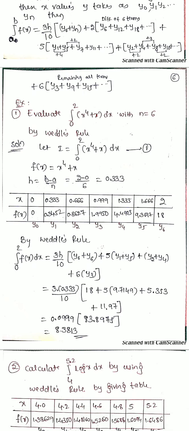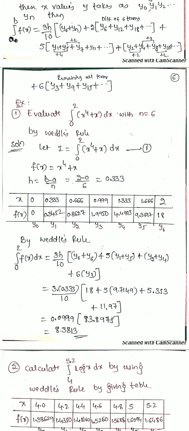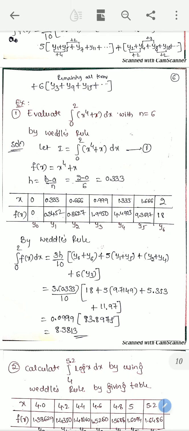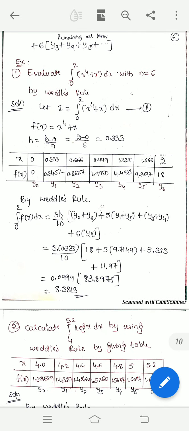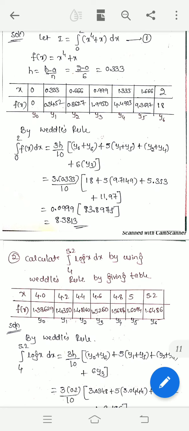Then the corresponding y values are calculated as 0, 0.3452, 0.8627, and so on up to 18. We denote these y terms as y0, y1, y2, and so on up to y6.